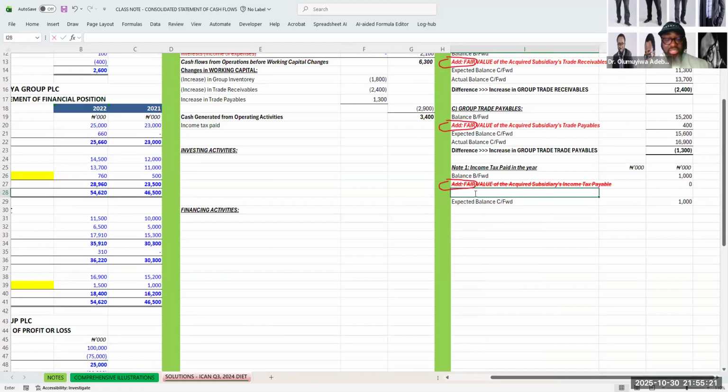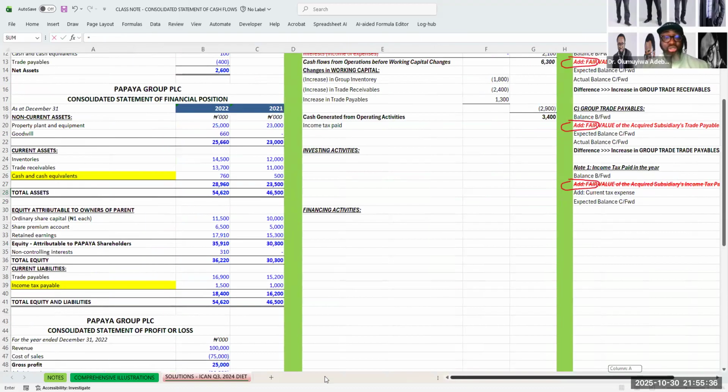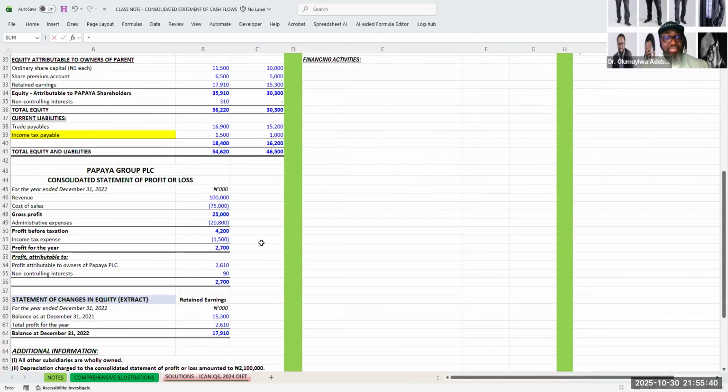Therefore, primarily, I will add my current tax expense for the year, because my current tax expense should primarily increase my balance owed to FRS in that year. Therefore, my current tax in that year is 1.5.